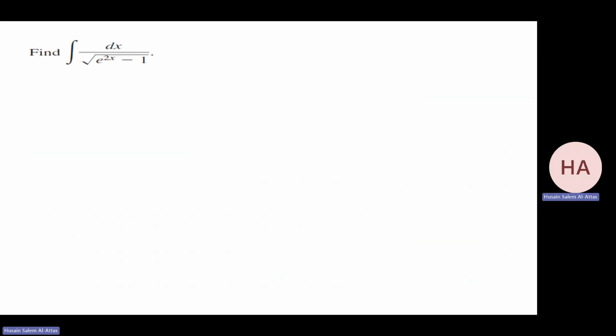Okay, let me do other problems. This one is a little bit tricky. The idea is, I multiply by e to the x in the numerator and the denominator. That will make no difference. However, it will make a big difference now. If I let u equal e to the power x, so du is e to the x dx.